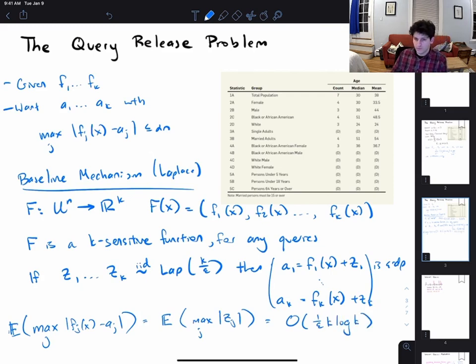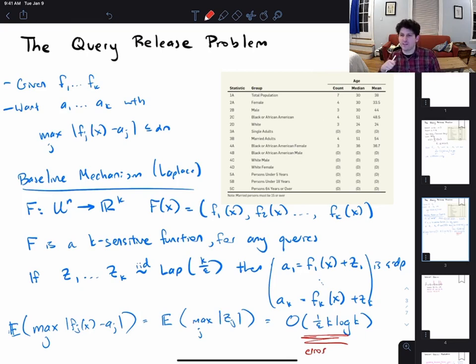All right, so this is a baseline solution. It's differentially private, and we answer all queries with error about k over epsilon, just a little bit bigger, k log k over epsilon.